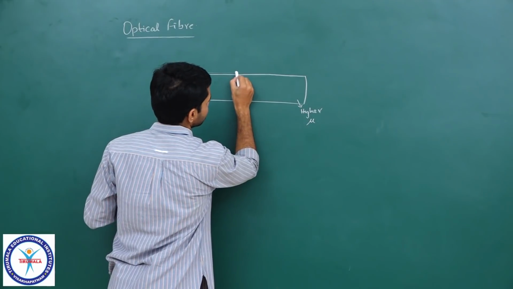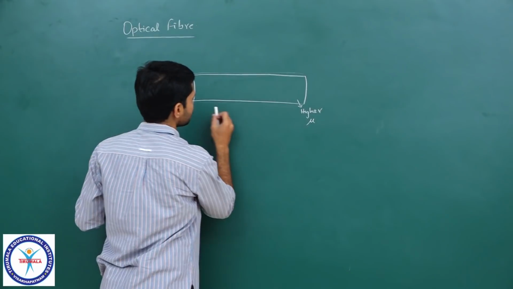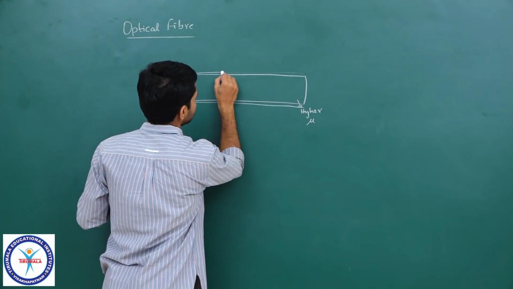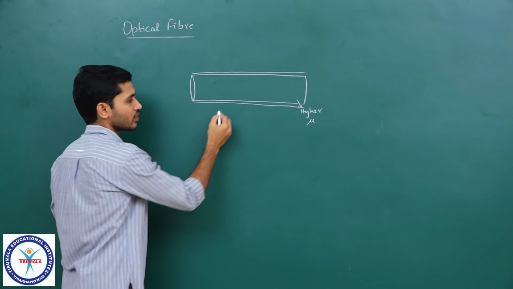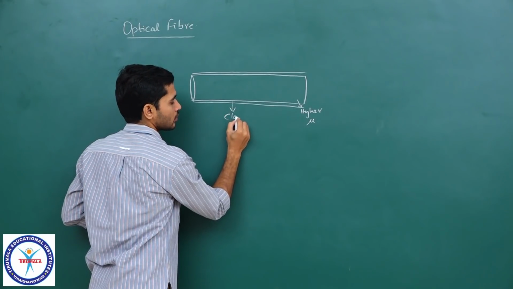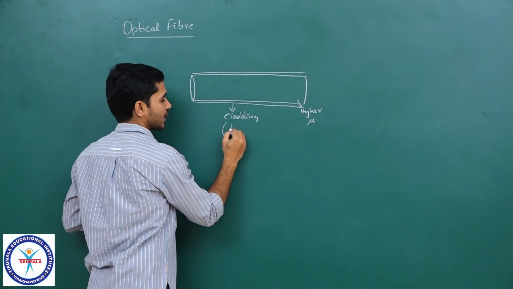I will draw it like this. Around this there would be a material of lesser refractive index. On the outside of that optical fiber we call it cladding. That cladding has lesser refractive index.